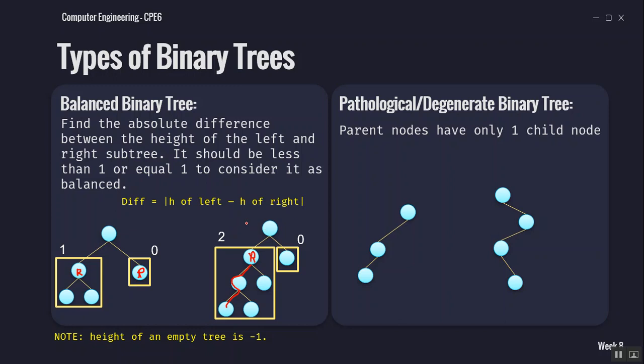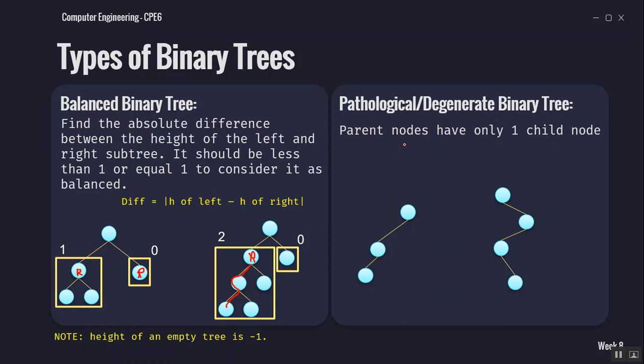So that's it. Now for the next type of binary tree, the pathological or degenerate binary tree, the parent nodes have only one child node. As you could remember, the skewed trees, so we have here a skewed tree. It's really easy to determine if that's a pathological or degenerate binary tree.